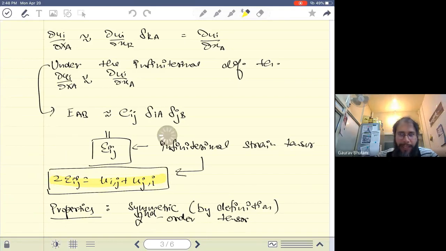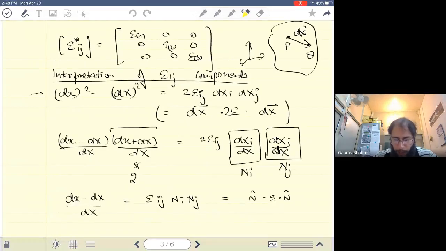Now then we started interpreting the components of epsilon, because we want to get some kind of a feel as to what these values mean geometrically.